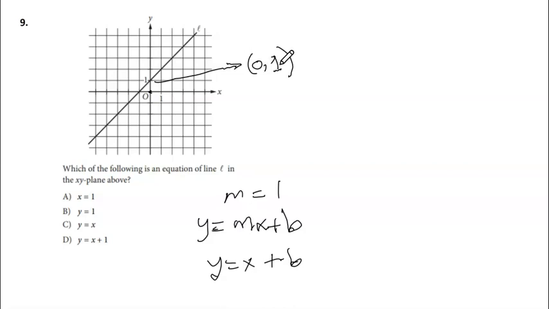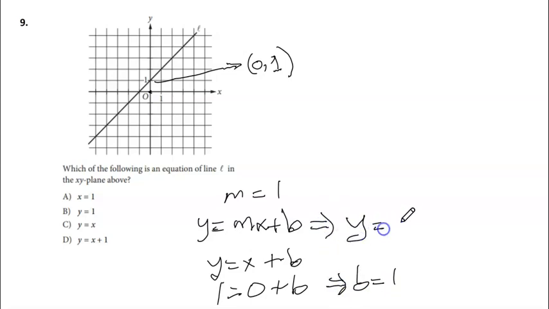Wherever we see y, we put 1. So 1 is equal to 0 plus b. So b is equal to 1. So we substitute in this. We got y is equal to x plus 1. So D is our answer, right?